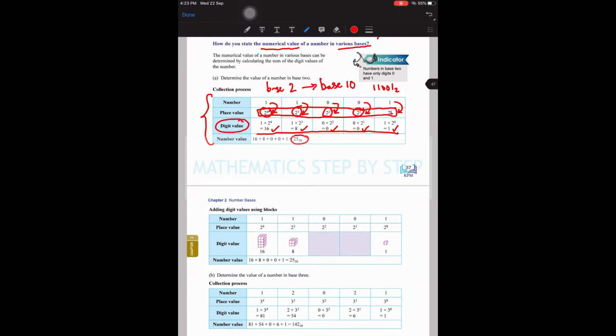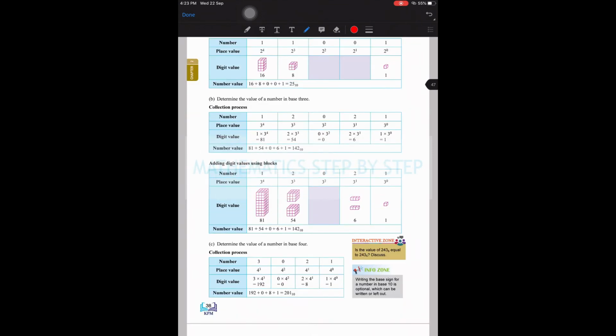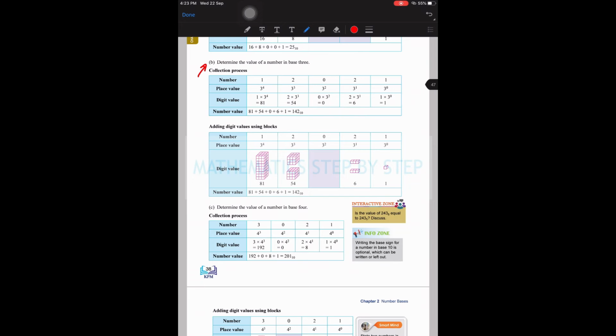Okay, let us look at another example. So part B, determine the value of a number in base 3. Even though the question never says base 3, when we look at the place values, we'll know that this is a number in base 3, because it is 3, 3, 3, 3, 3 here.